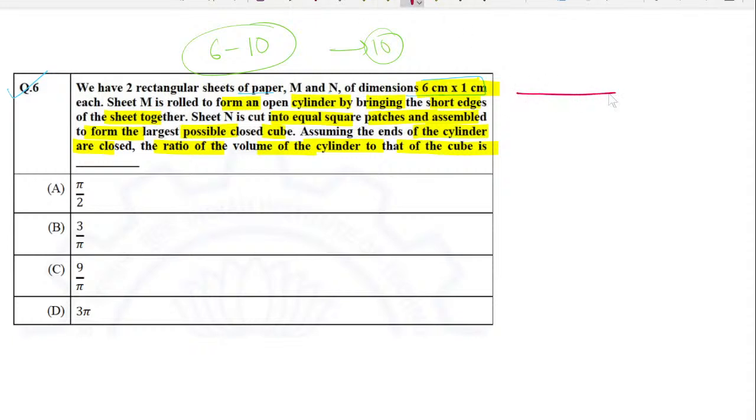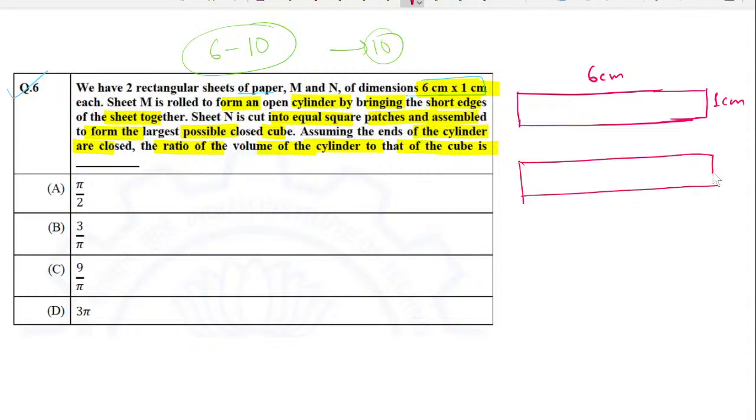Okay, so here there are two sheets of 6 cm into 1 cm. Suppose this is 1 cm and this is 6 cm, and another sheet of 6 cm into 1 cm. Suppose this is sheet M and this is sheet N. Then M is rolled to form a cylinder by bringing the short edges of the sheet together.